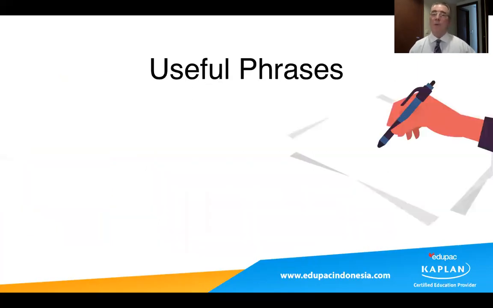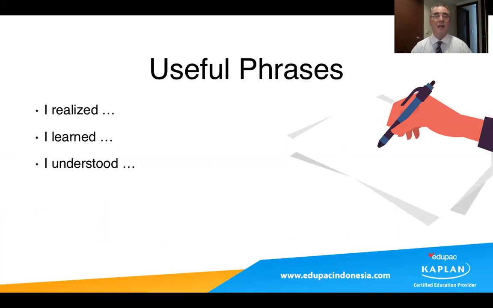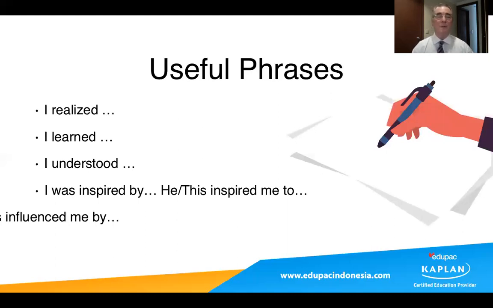Okay, before we go to the last part, which is talking about the future, let me give you some useful phrases that should be included as much as possible into the first part of your personal statement. When you're talking about your previous experience, you should be saying things like, I realized, I learned, I understood, I was inspired by, or he inspired me to, or this inspired me to.